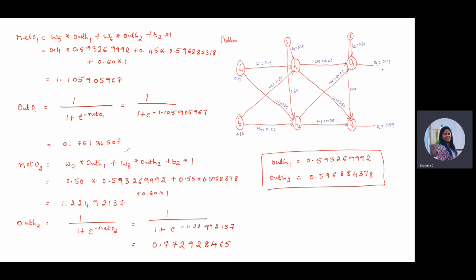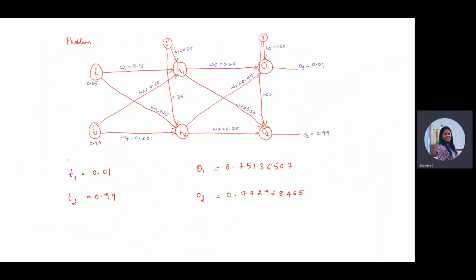Now, the target values, the T values, are already given: O1 equals 0.01, O2 equals 0.99. We got the new outputs, 0.75136507 and 0.77292846. This is the obtained output, and the target output is already present.